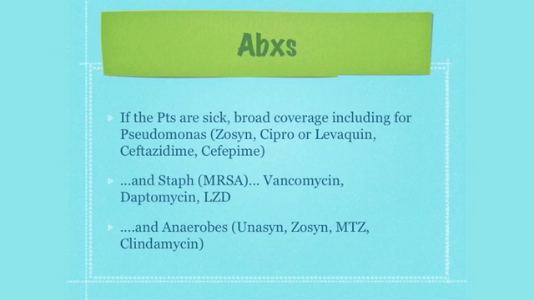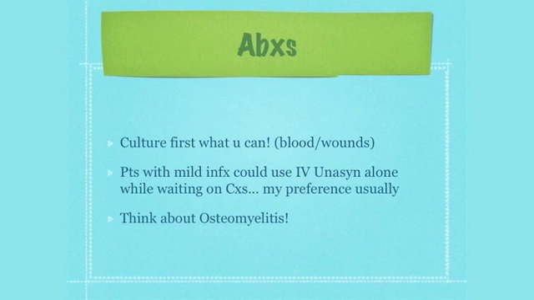Staph, need to keep in mind Staphylococcus aureus, MRSA in particular. Vancomycin, daptomycin, and linezolid are good choices. And always the anaerobes. Unasyn, Zosyn, metronidazole, or clindamycin are our choices. Culture first what you can, blood and wounds, and then start the patient on an antimicrobial.